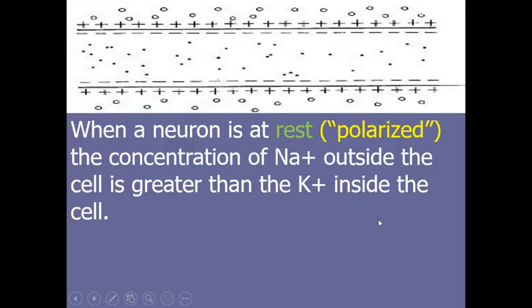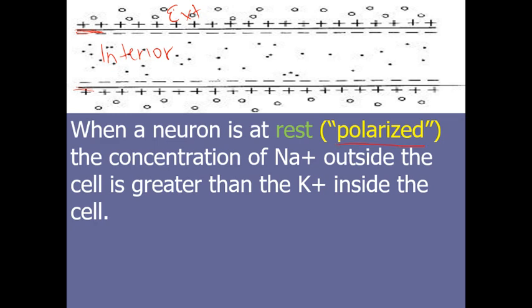Okay. All right. So here, this is one side of the cell right here on this side, and this is the other side. So this is the interior of the cell, and this is the exterior. So this is outside the cell, right? So what we want to do then is we want to get this cell polarized.